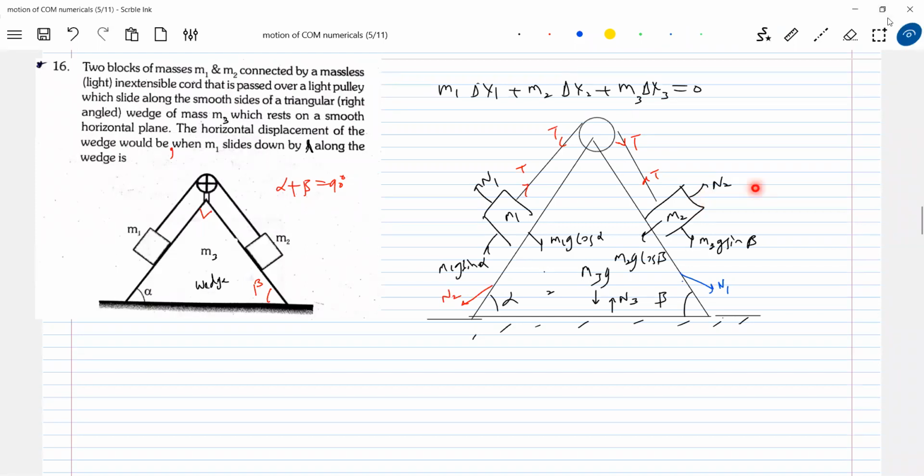So it should be like this: N2 sine beta, N1 sine alpha, T cos beta, and again T cos alpha. The net force acting on the system along the x-axis is 0. So in fact, the equation I wrote is justified.